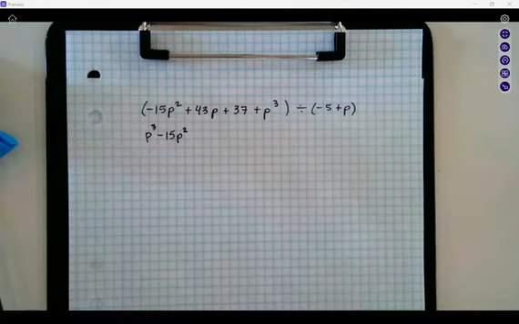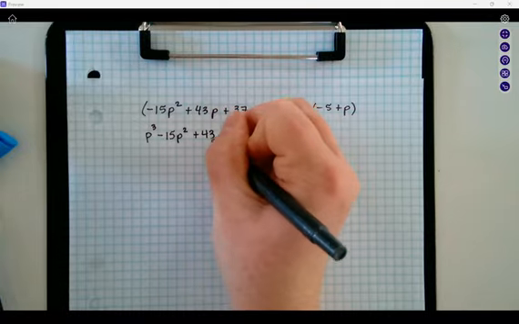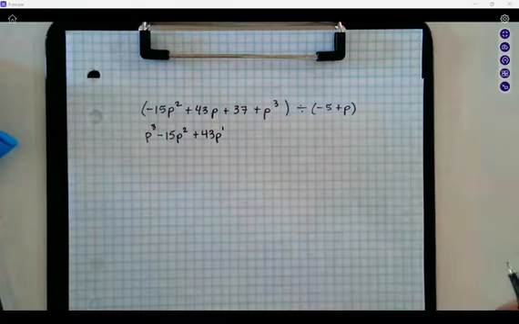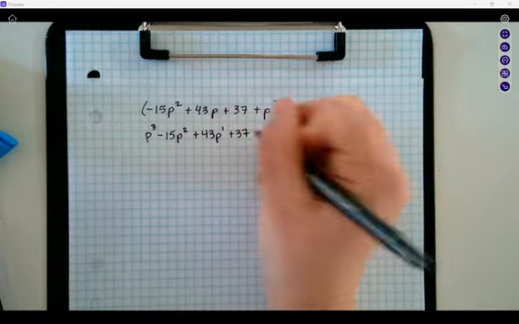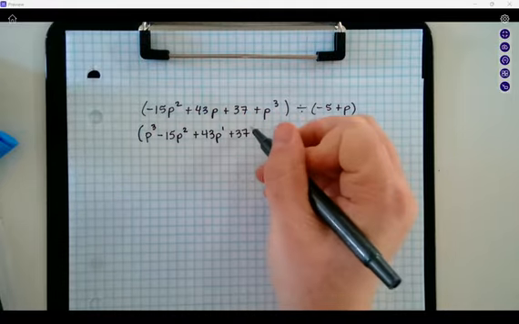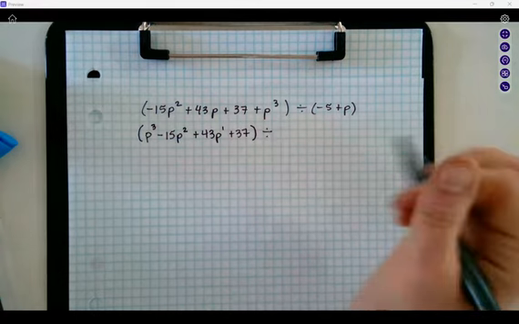Then I'm going to look for a linear term. That is that positive 43p to the first power. And next, our constant. That's going to be just 37, and it is positive. I'm going to wrap those inside of parentheses. And then that is going to be divided by.